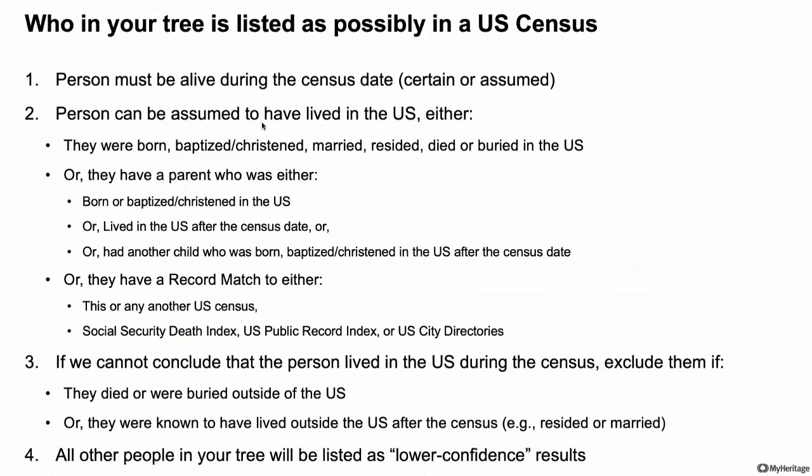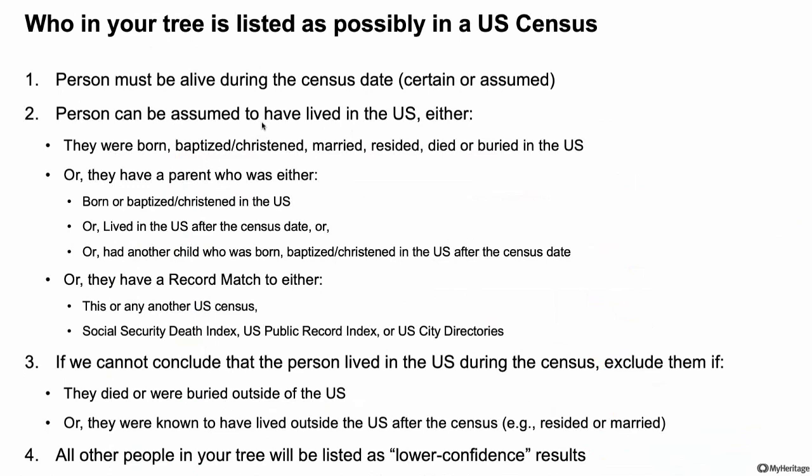So we look at information of when they were born, baptized, christened, married, resided, died, or buried in the US, and if so, that's good. And if not, we look at their parents and see if there is evidence that their parent lived in the US in a time that might predict that that person also lived in the States, or they had siblings, and so on.